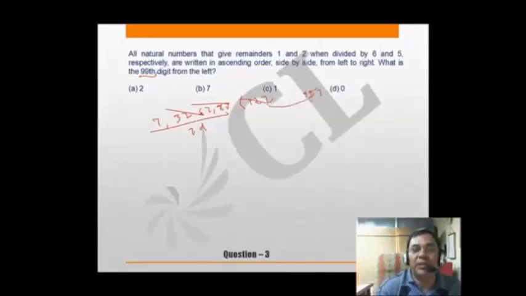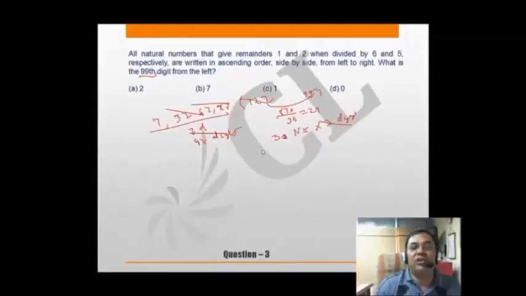So how many numbers? The difference is 870. That is divided by 30, 29. So 30 numbers. This is a multiple logic we have already taught. 30 numbers into 3 digits, that means 30 into 3, 90. So they will become 97 digits.